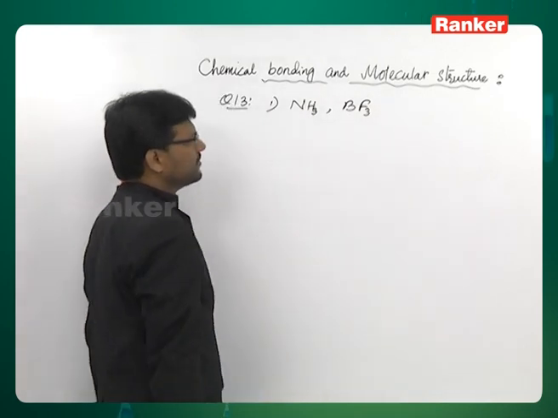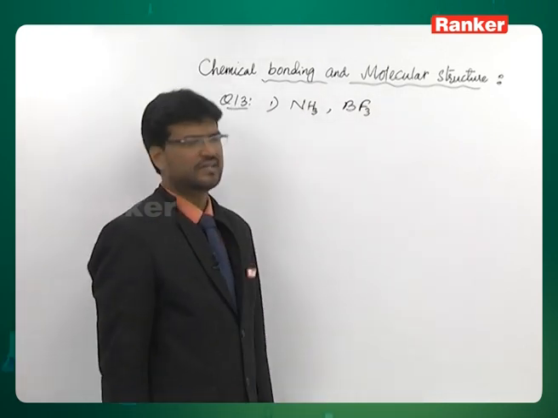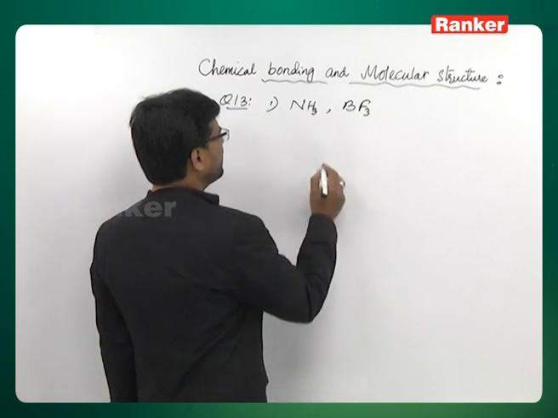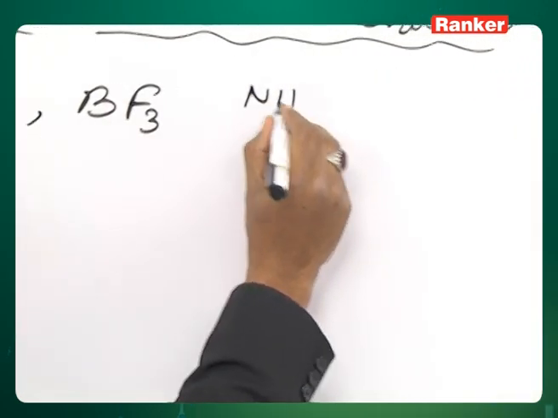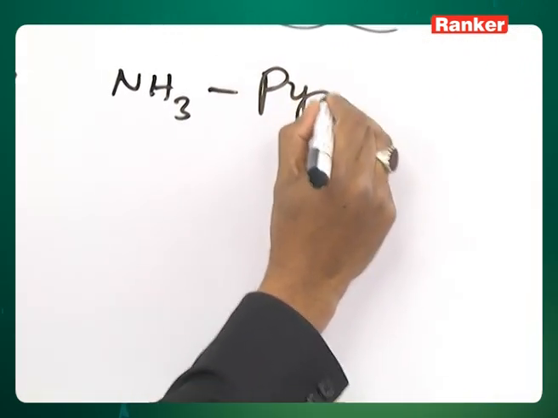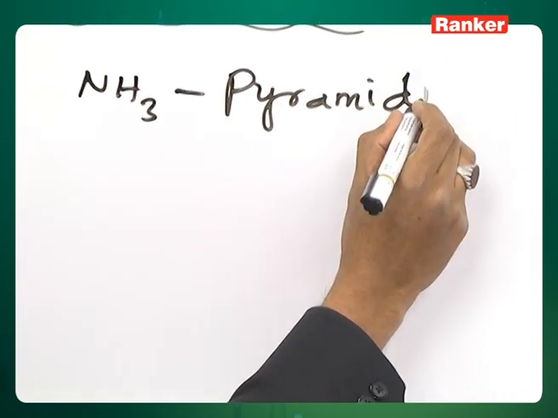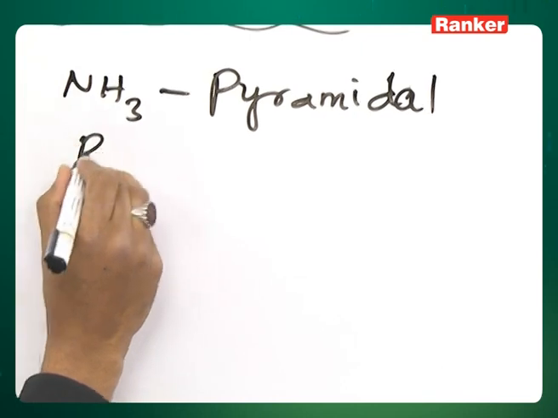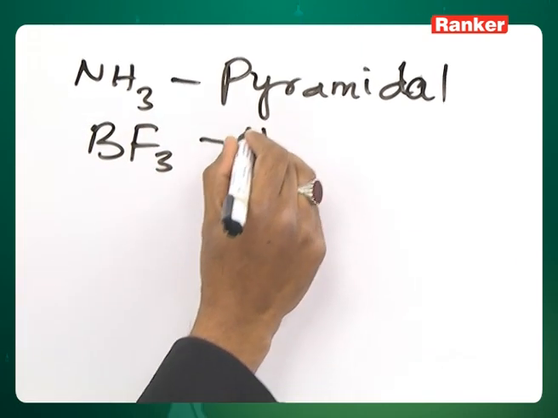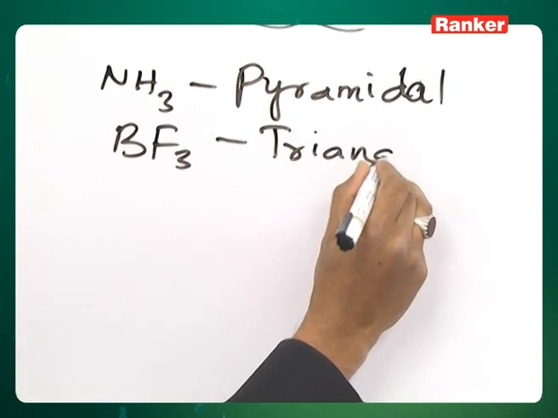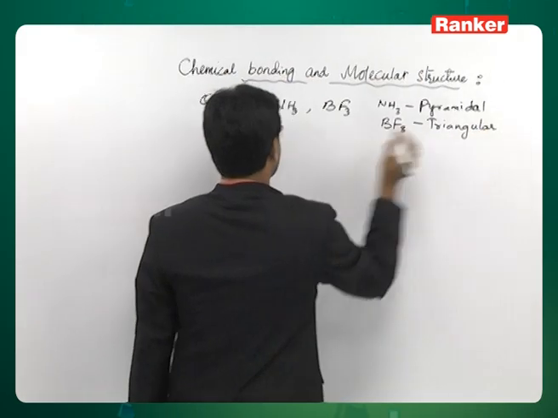This is ruled out because they have different shapes. Ammonia is a pyramidal molecule, whereas BF3 is triangular. So, this is ruled out.